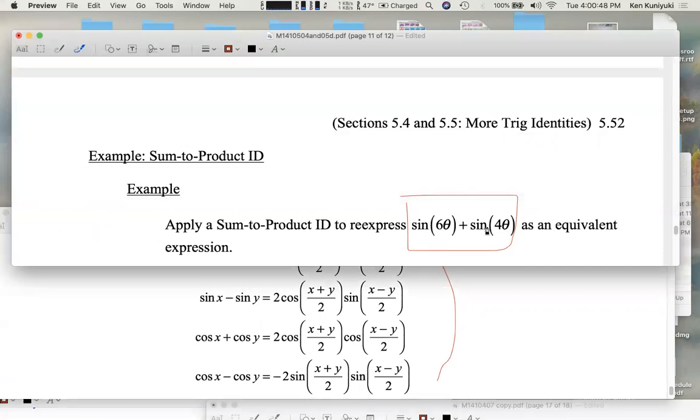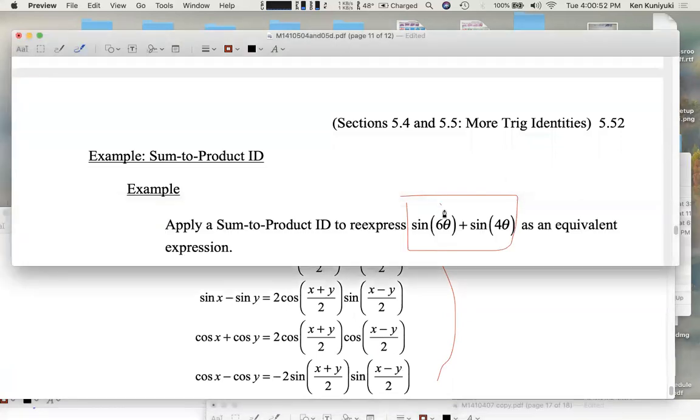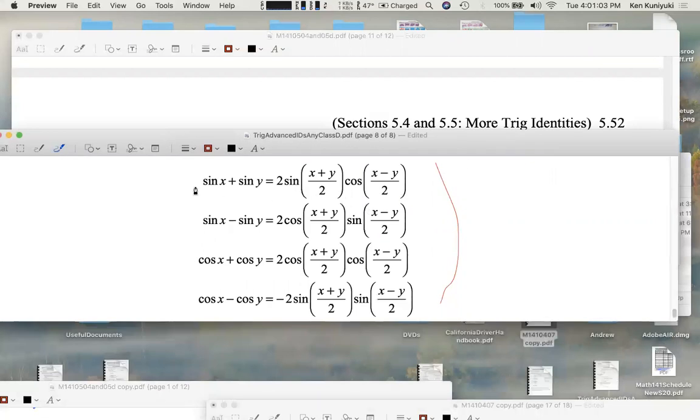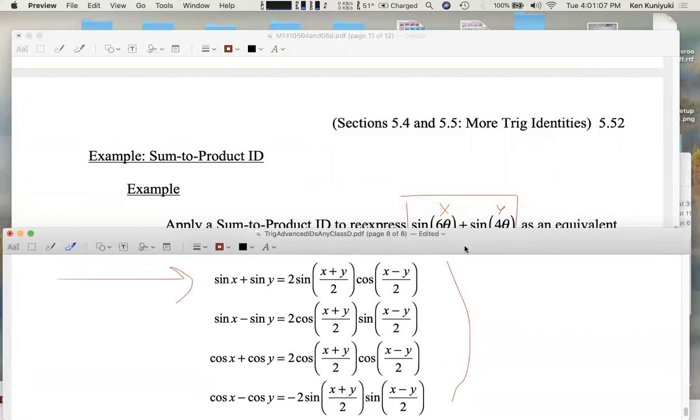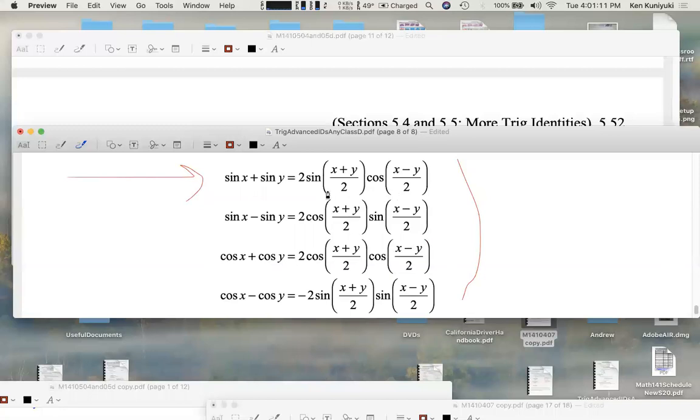Again, we can do a snap substitution if you wish. Here I use x and y. I'll call 6 theta x and 4 theta y. And again, because of commutativity, it doesn't even matter in this case, just like last time, because look at the right-hand side over here. We're going to use this first identity, sine of x plus sine of y. If you switch x and y, well, x plus y is the same as y plus x.